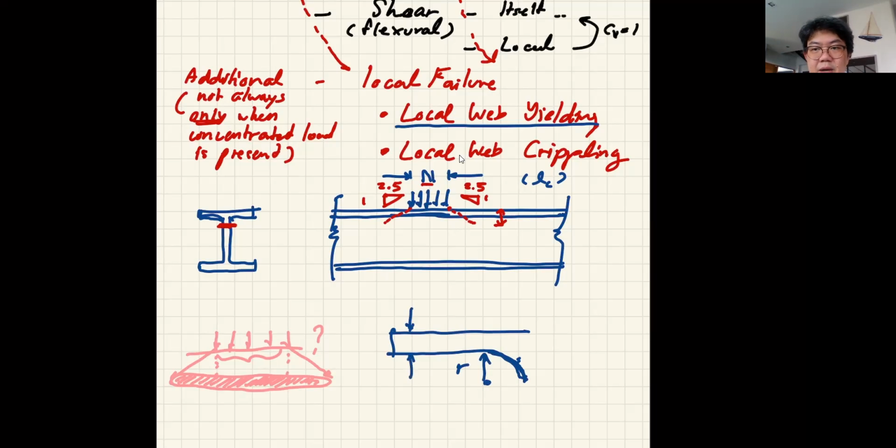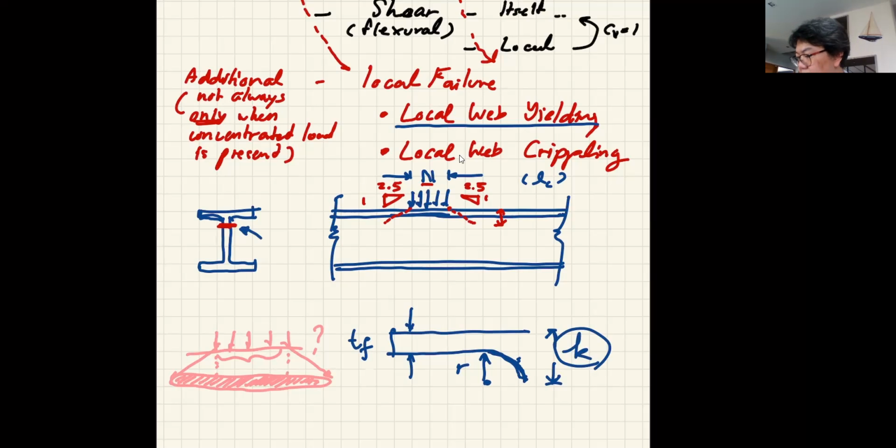But in my engineering table that you should use, I call this TF, and I don't give R, but I give this distance in the table, which is the summation of TF and R, and I call it K. So when you have the section, you can look at the engineering table and use the value K. K is the distance where the yielding should occur, right at the end of the fillet.